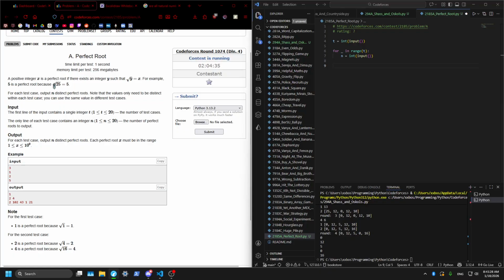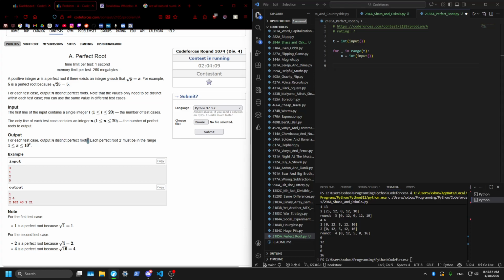So 3 is a perfect root because of 9. 4 is a perfect root because of 16. 5 is a perfect root because of 25. 6 is a perfect root because of 36. What's the catch? 7 is a perfect root because of 49.